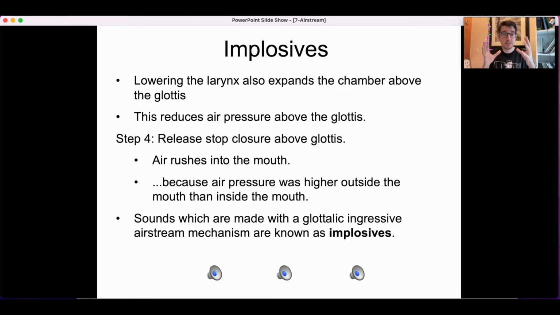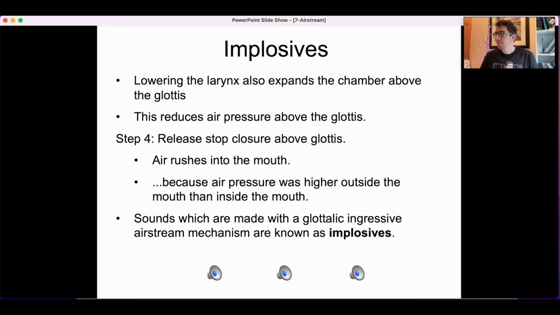This reduces the air pressure above the glottis, and step number 4 is releasing the stop closure above the glottis. Air rushes into the mouth because air pressure was higher outside the mouth than inside the mouth, and sounds which are made with a glottalic ingressive airstream mechanism are known as implosives.